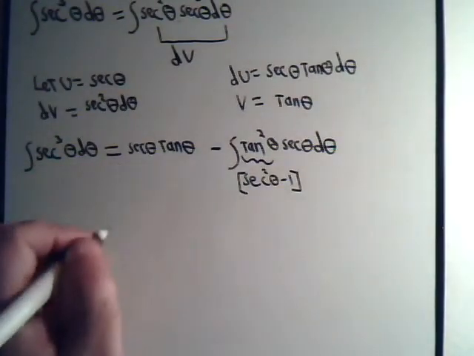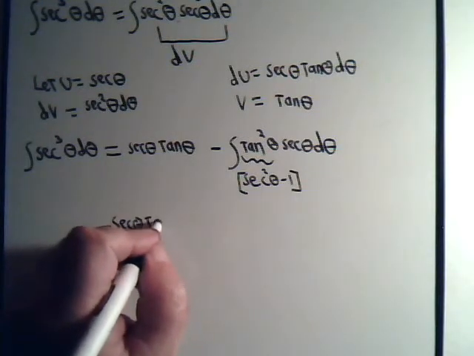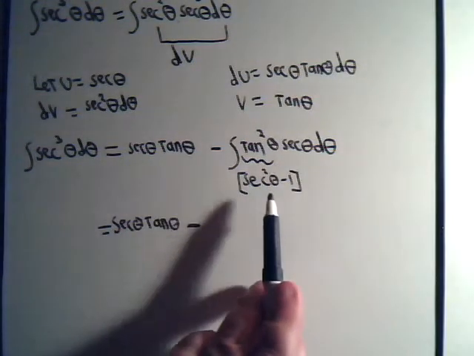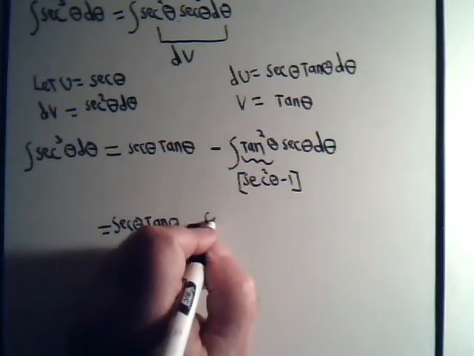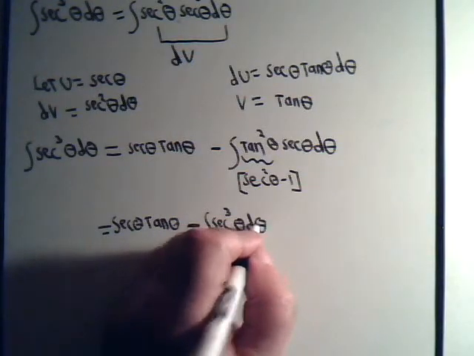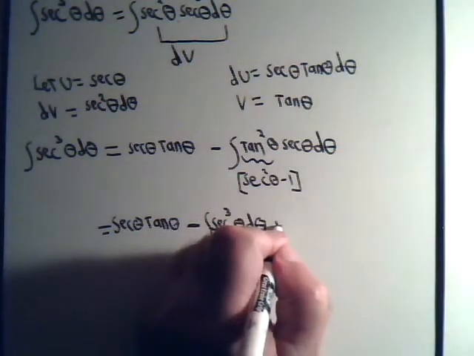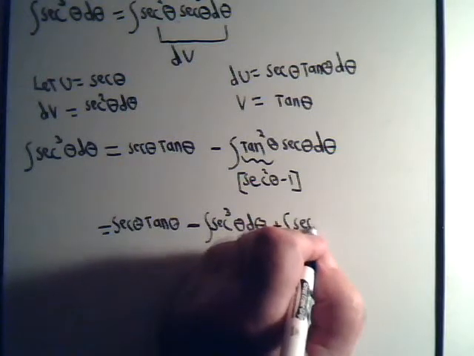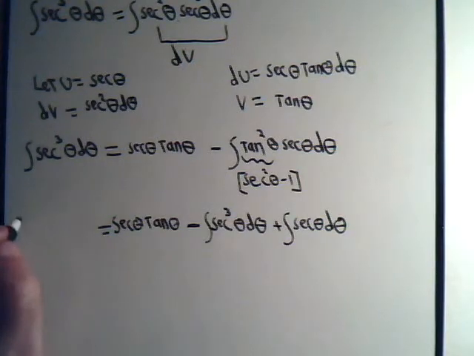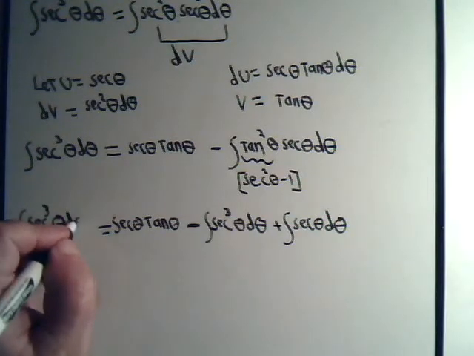So now how do things play out? Here we have equals, this is unchanged of course, minus multiplying here. Now we have minus the secant cubed theta d theta, and then minus 1 times minus 1 is plus 1, plus the integral of the secant of theta d theta equals the integral of the secant cubed theta d theta.